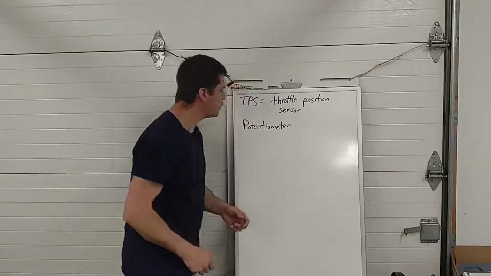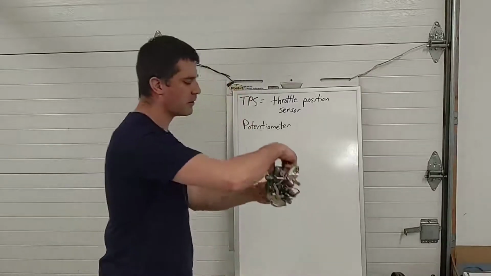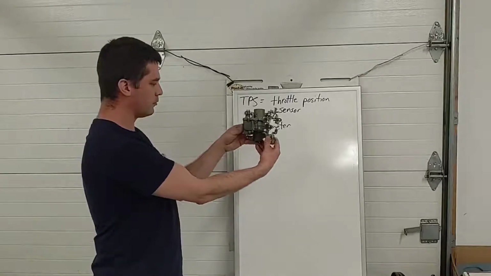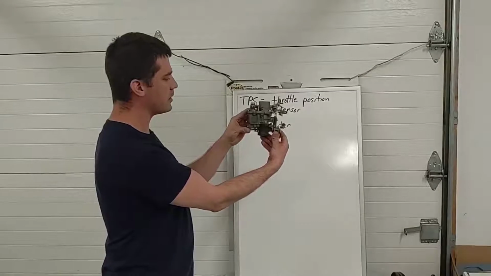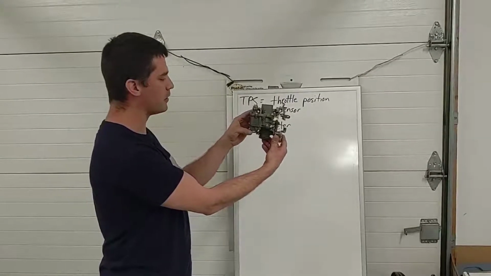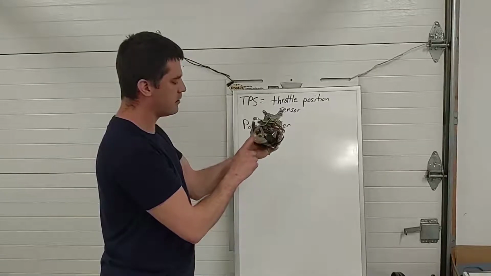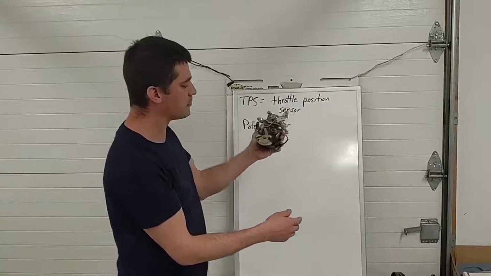Okay, so why do we need a TPS? Well, let's start back with carburetors. So way back when we had carburetors, this was a carburetor here. This one I used in a previous video. It was actually originally applied to a forklift. This is a forklift carburetor. We naturally had a cable that connected your throttle to the pedal, or on a forklift, I don't even know if it has a pedal, it might just have a lever.